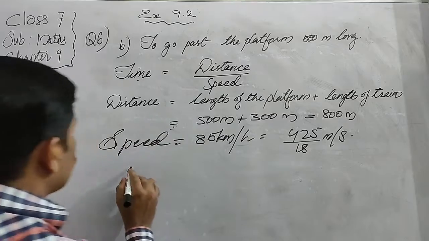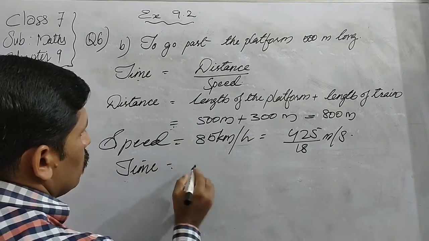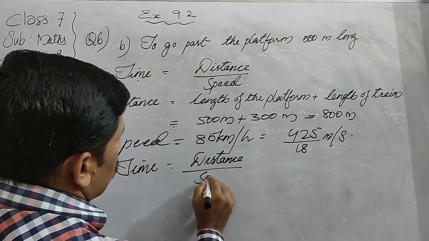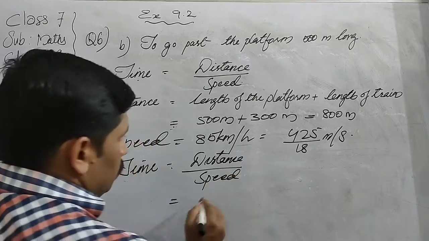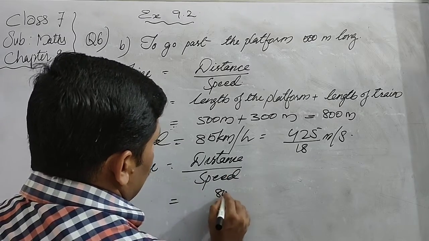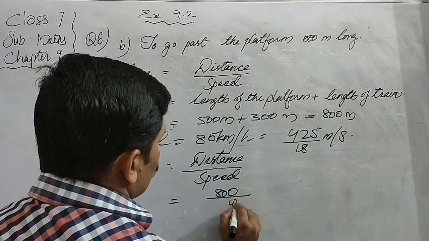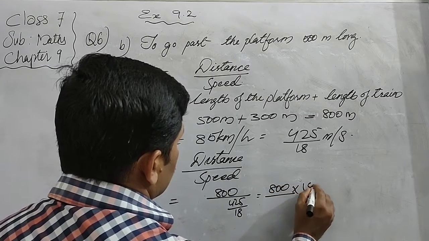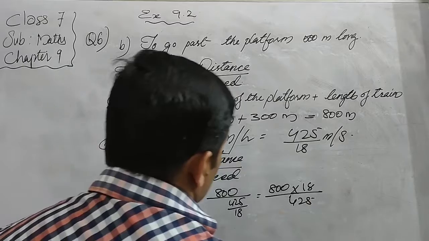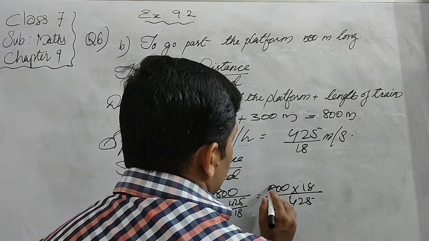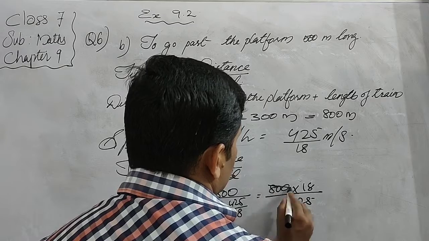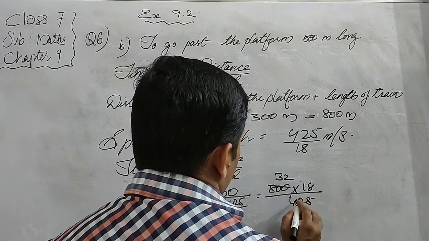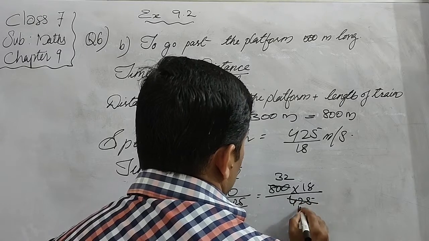This is the speed. Therefore time needed to cross the platform is equal to distance by speed. Distance is equal to 800 meters divided by speed 425 upon 18. That's equal to 800 into 18 upon 425. We can cut this by 25 itself. 32 25s are 800, and here 17 times.